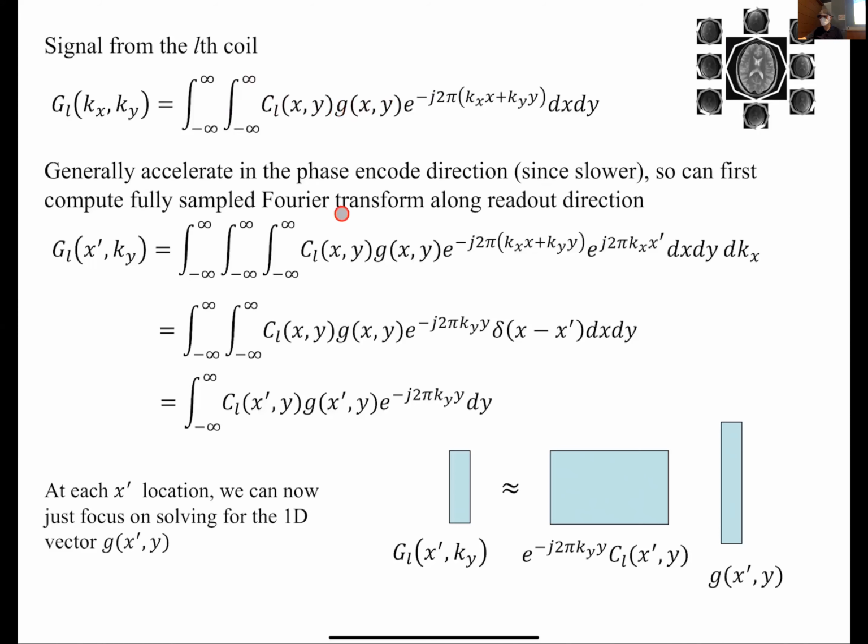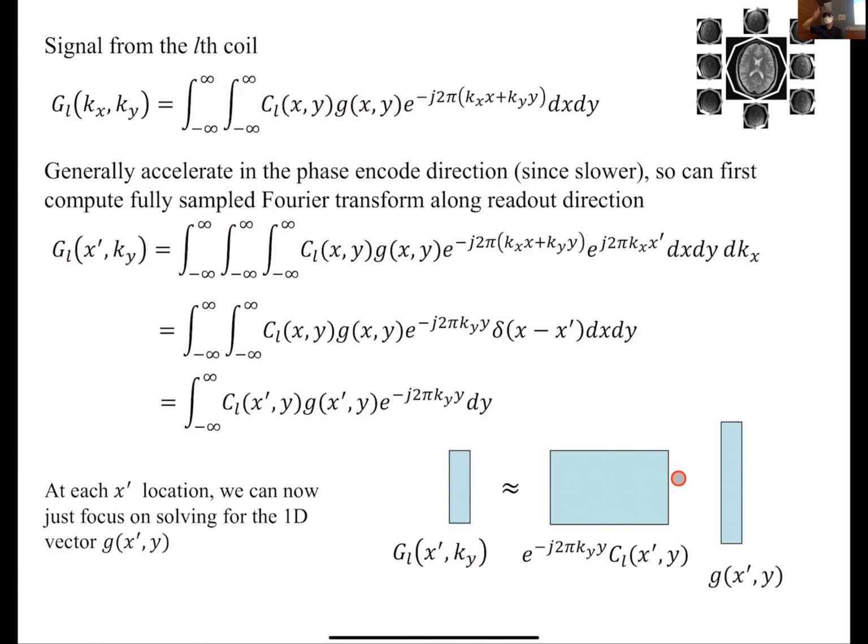And so that means we can just do the Fourier transform along the readout direction. And that allows us to come up with what's called a hybrid space image, which is partly still in KY and now in X coordinates. Okay. And so now I basically have this sort of strange function here, which at every X prime location is still a function of KY, but I can solve for my object column by column now.